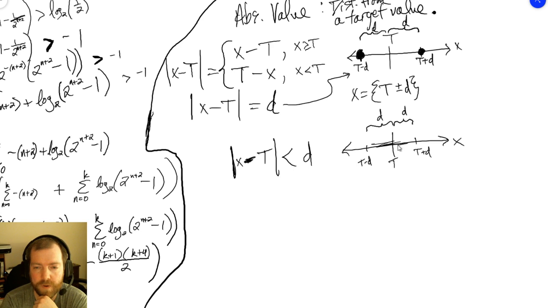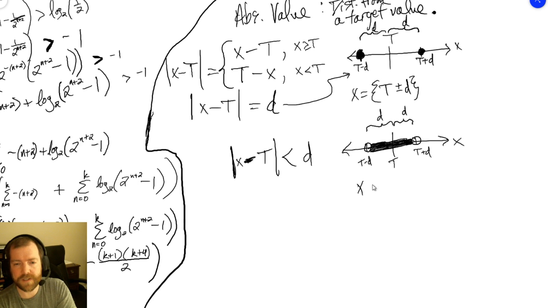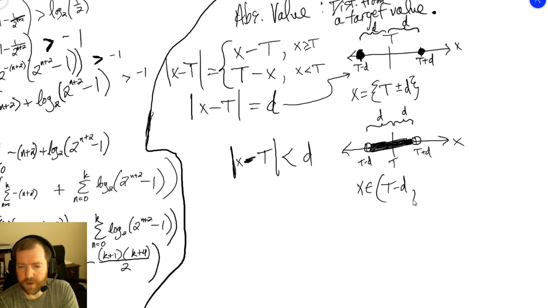So they have to be within these distances. And since it's not equal to, we can't be at those locations. So you shade this in between 2 open circles, which says that x is then going to be between parentheses, or interval, open interval, t minus d to t plus d.